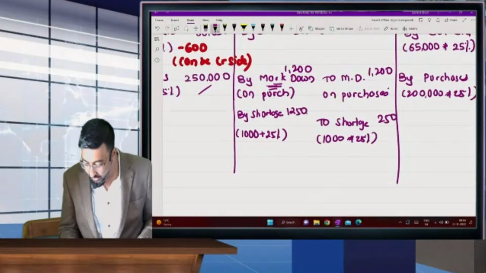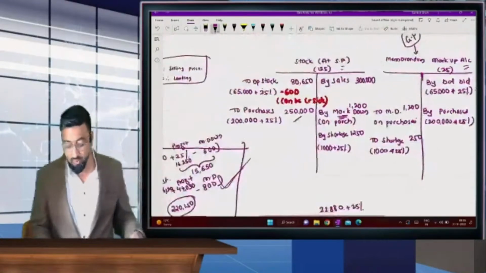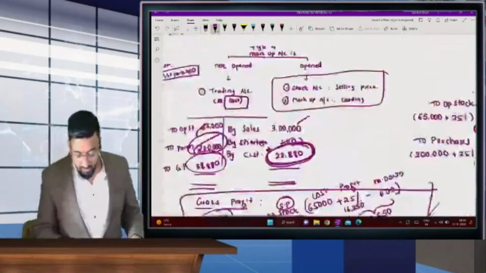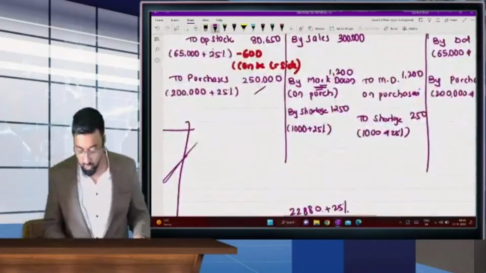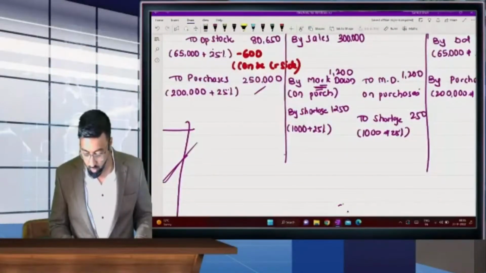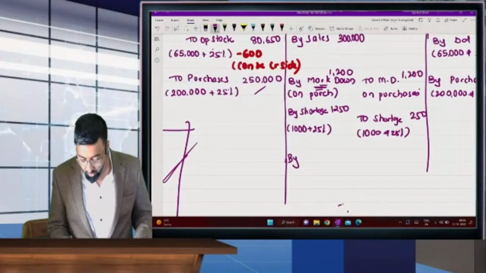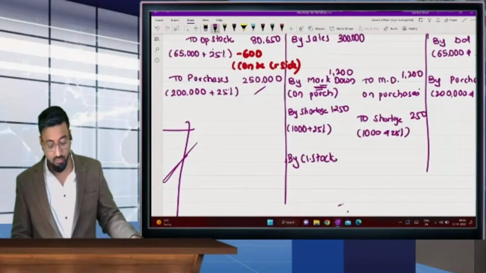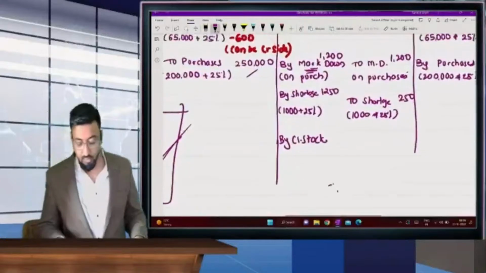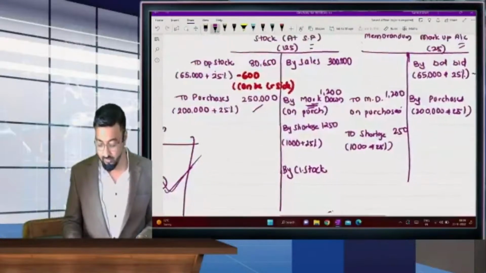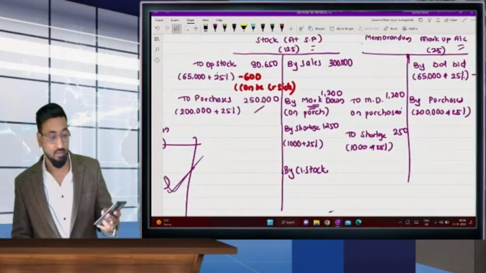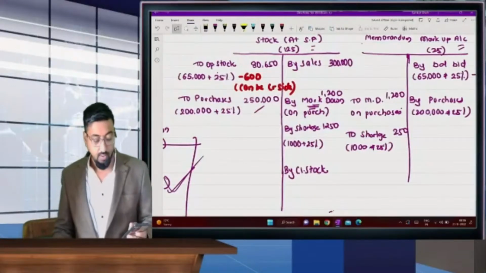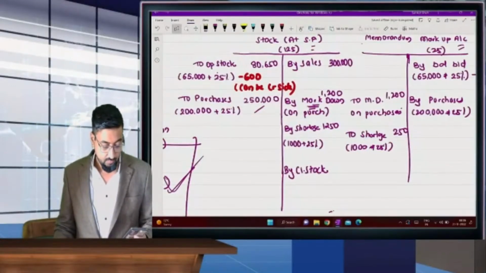So ultimate effect 1250 credit 250 debit. Ultimate effect is 1000. Now question to all of you, what I am going to write in the closing stock? Closing stock, tell me what I am going to write. Don't give me a balancing figure answer. I want a logical one. How you got the answer?